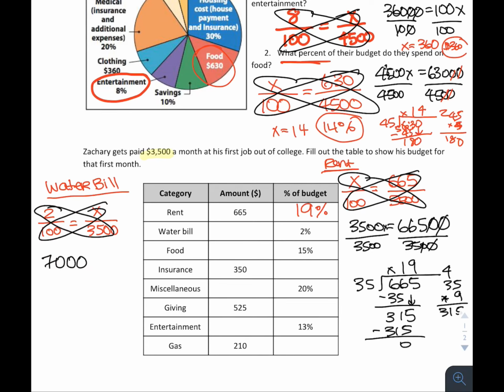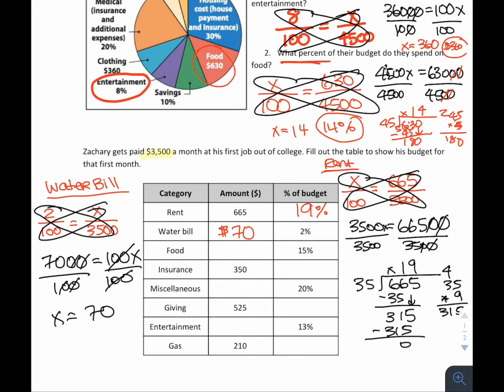That's 7,000 equals 100x. This one is pretty simple. Cross out the 2 zeros. X equals 70, and we know this time it's going to be $70. And I'll write that in red, actually. Okay. All right, so that can be our first 2 rows.